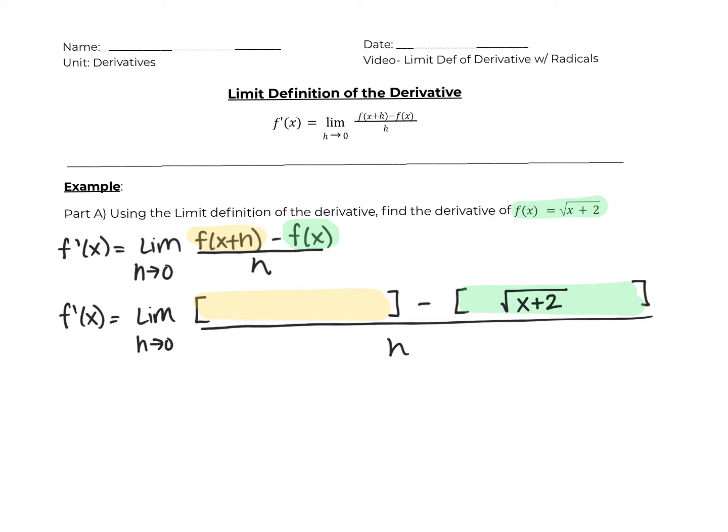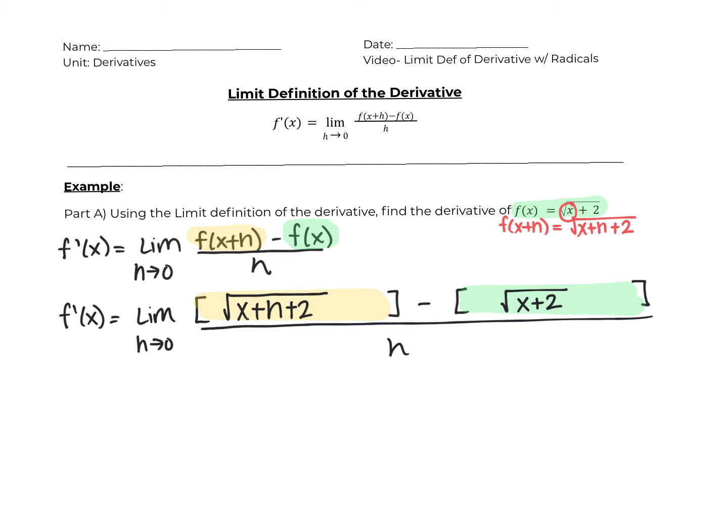And my f of x plus h is substituting x plus h everywhere I see an x. So if I do that over here, it just means for this x, I'm putting x plus h and then plus 2. So that can go here: x plus h plus 2.